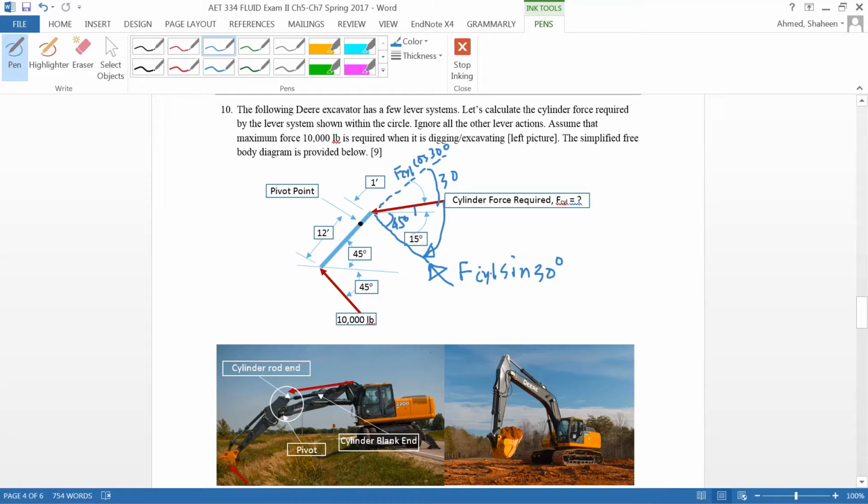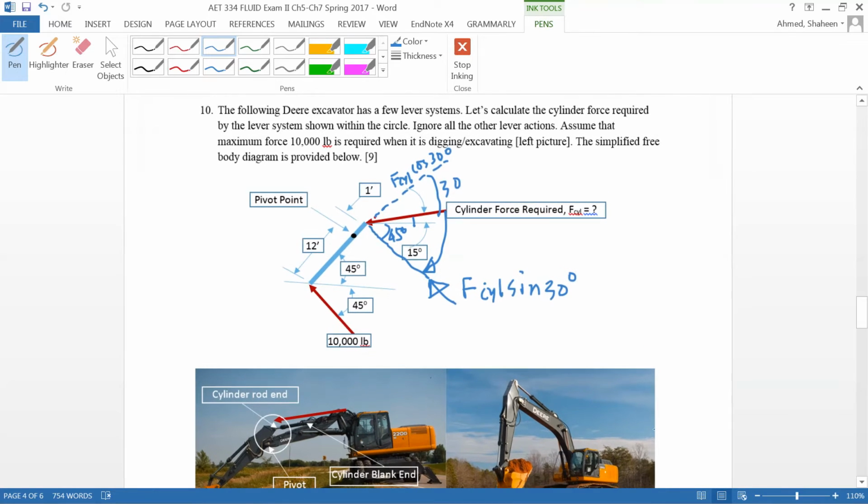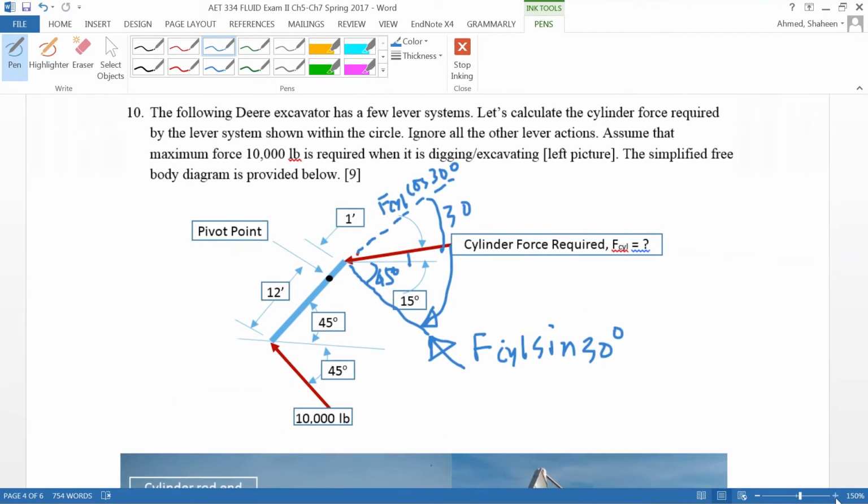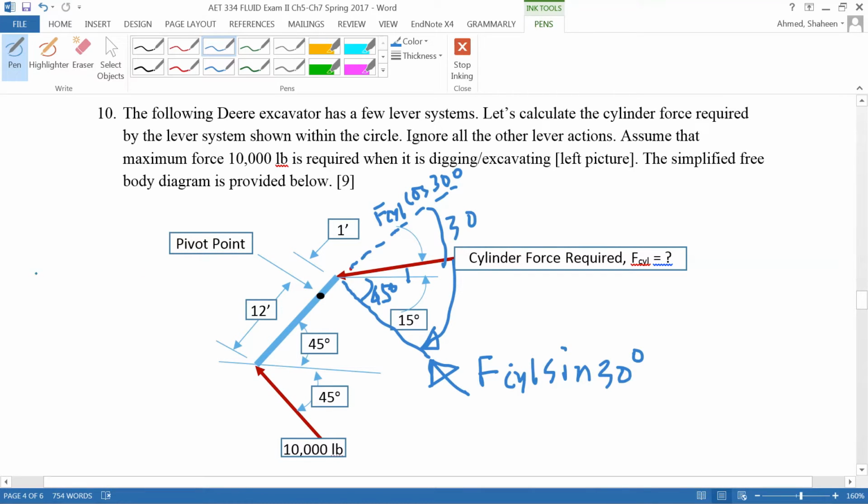Now we need to take the moment with respect to this pivot point. So let me make this a little bit bigger. If we take moments with respect to this pivot point, the sum of all moments is equal to 0.